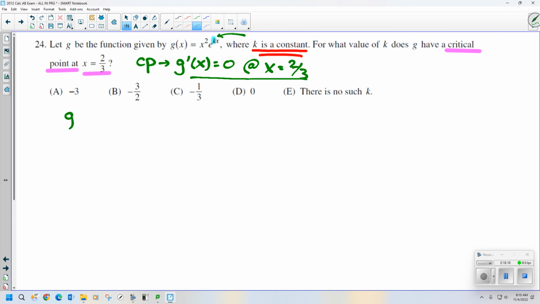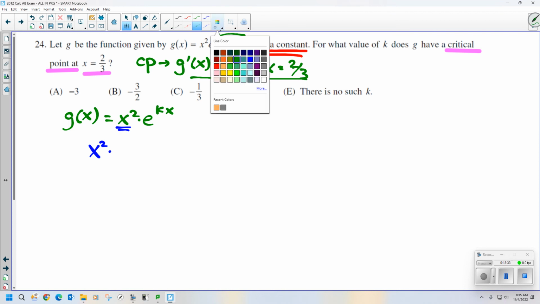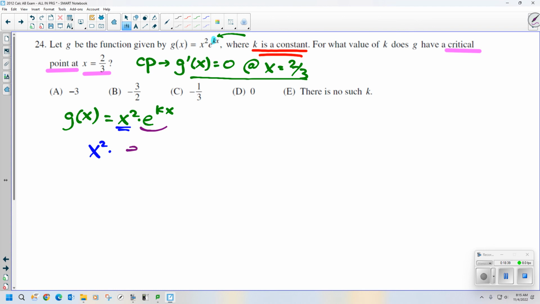If g of x equals x squared e to the kx, this is a product rule. It is the first times the derivative of the second. The derivative of e to anything, you always start by writing itself first, times the derivative of the exponent.